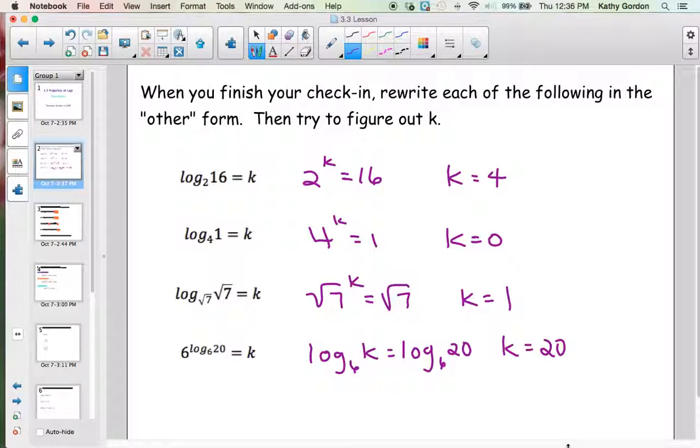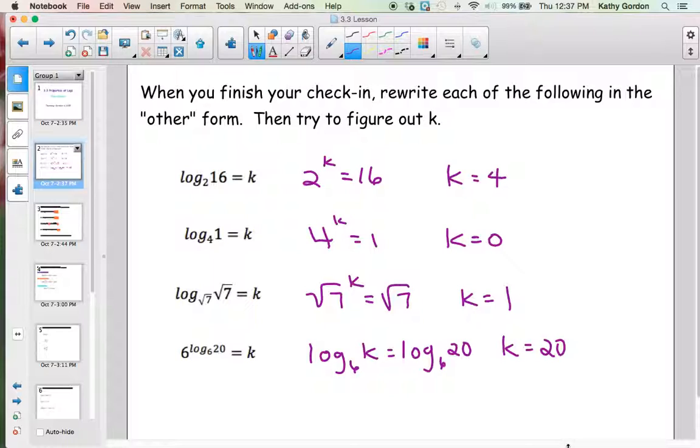In other words, if we recognize that there's a certain situation going on, then we know that that situation always gives us that result. We don't have to go through the rewrite and the actual work because we just know that that situation always gives us that result. So there's that set of properties. Then there's also another set of properties that are more about manipulating logarithmic expressions to rewrite them in a different form that might be more useful.